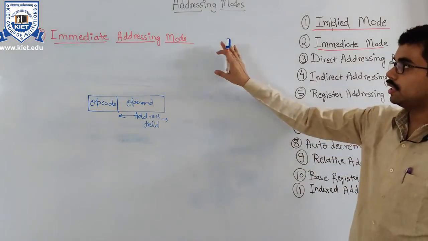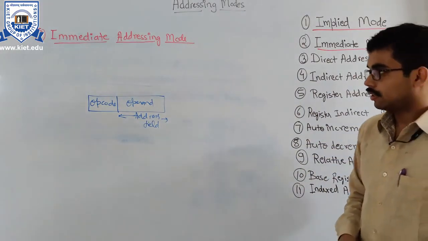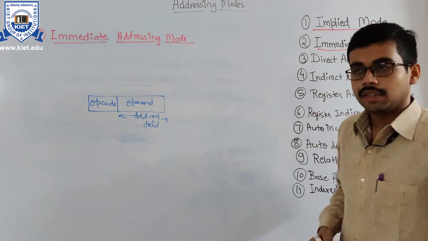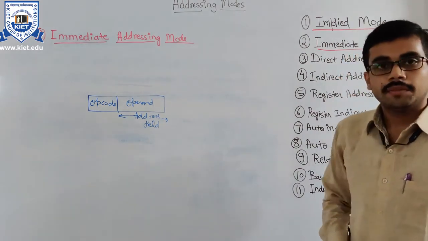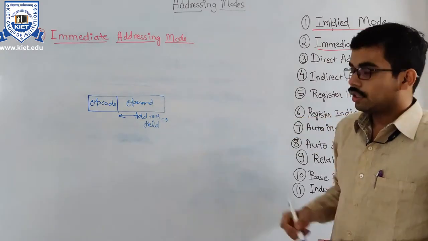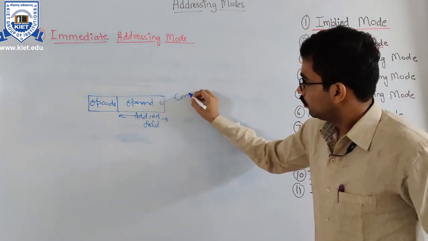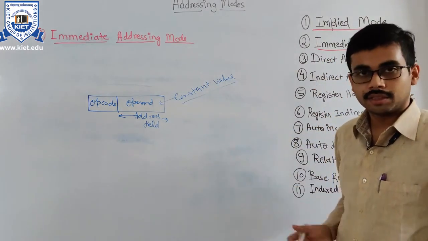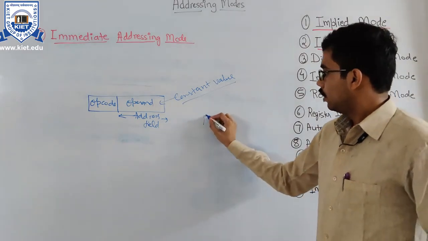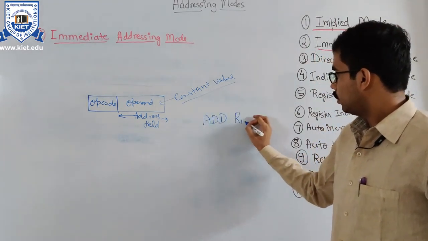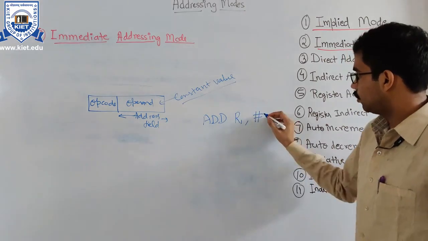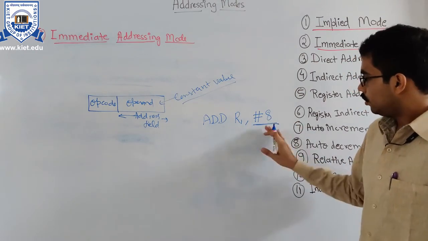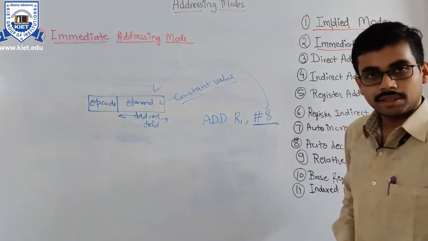Now the second is immediate addressing mode. In this, we have an operand field rather than an address field. That means in the instruction we give the operand directly, a constant value, instead of any address of the operand. For example, if we have an instruction like add R1 and some value, let's say 8, this constant is the operand and it will be filled in this field.